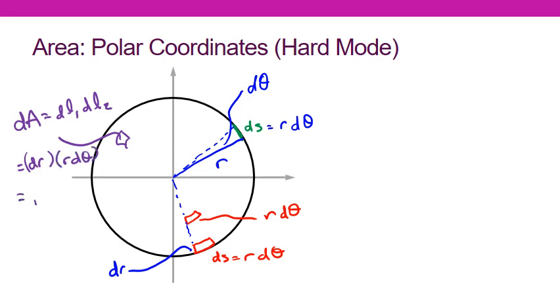Or we might write it r dr d theta as my little differential area. And now I just add up all my areas. So if we write our total area as a sum of all of our areas, we're going to integrate this, r dr d theta.